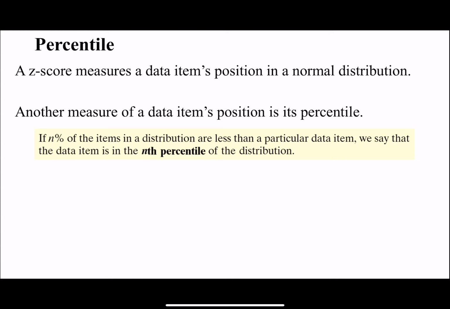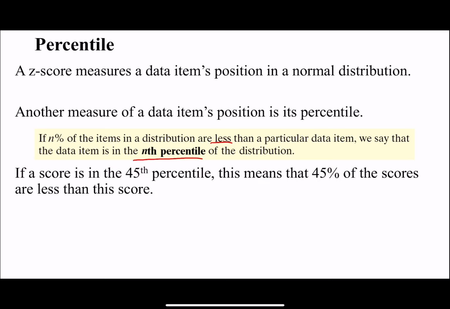If n% of the items in a distribution are less than a particular data item, then we can say that that item is in the nth percentile of the distribution.